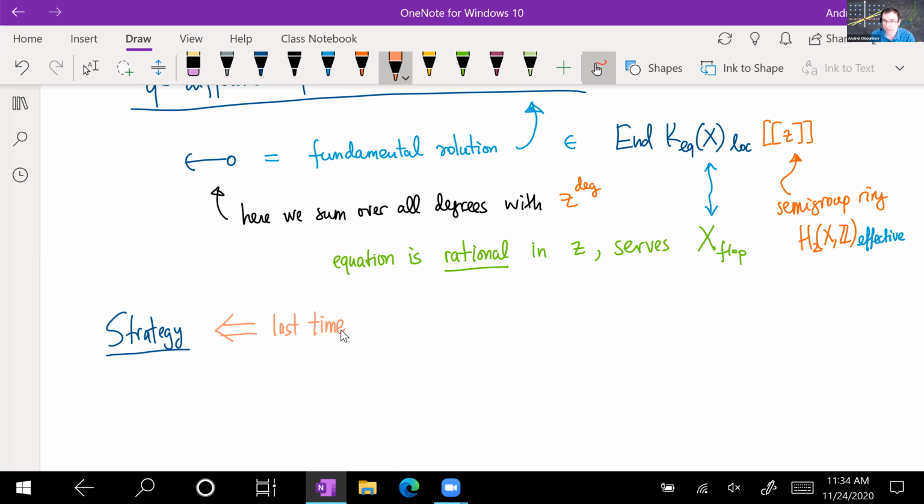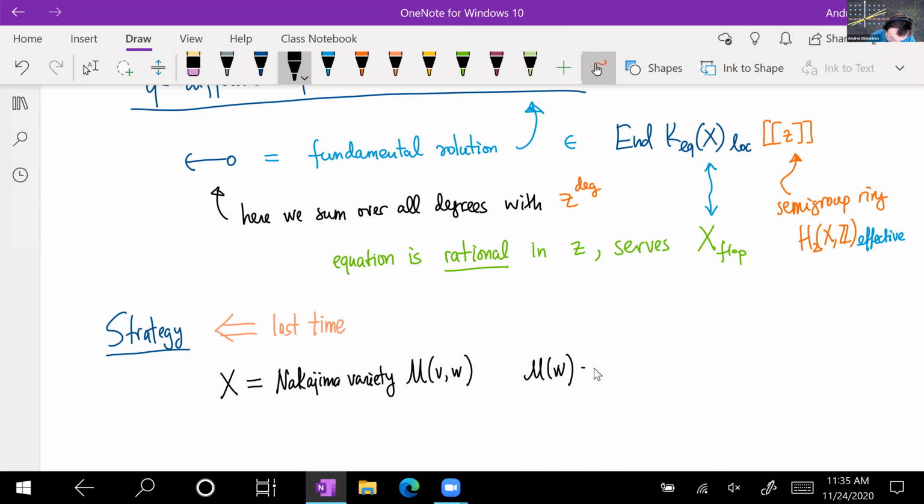The strategy says that the K-theory of X, for different X where we vary here, let's say, for concreteness, and not only for concreteness but as the actual statement of the theorem, X is a Nakajima variety corresponding to some dimension vectors V and W, or we can abbreviate and consider the disjoint union over all V.